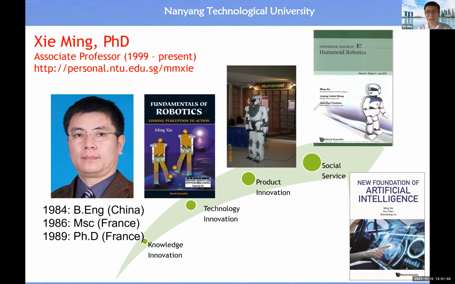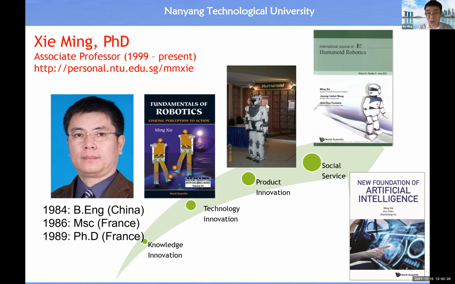In terms of research achievement, here I just show you this result. In 2003, I published this monograph on robotics. In 2021, I published this monograph on artificial intelligence. And here you see this picture.